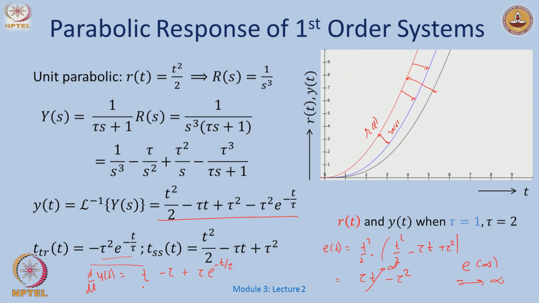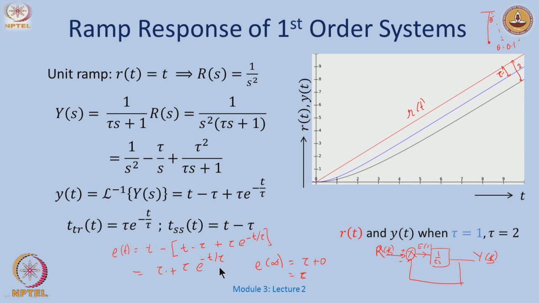Okay. Now, just remember this: t minus tau plus tau e power minus t over tau, and this looks something like this, right, exactly this one. This is just the differentiation for a unit parabola.